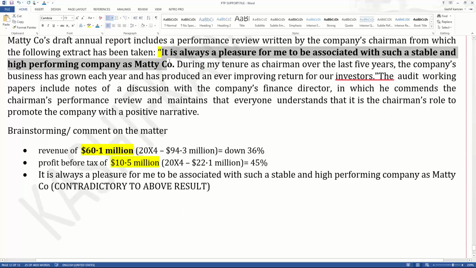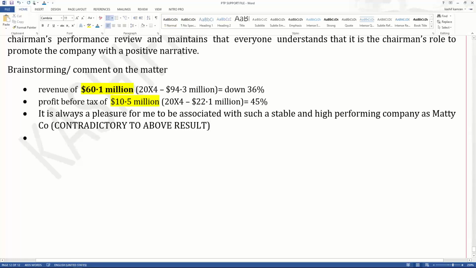"During my tenure as chairman, over the last 5 years, the company's business has grown each year and has produced ever improving returns for investors." Is that a contradictory statement again?